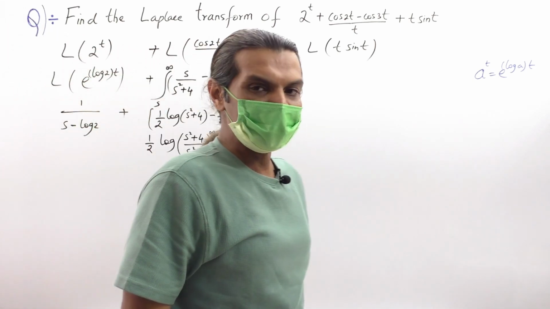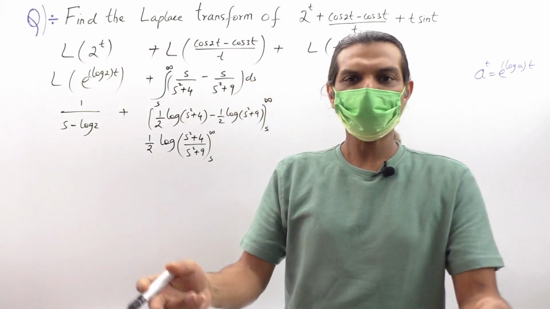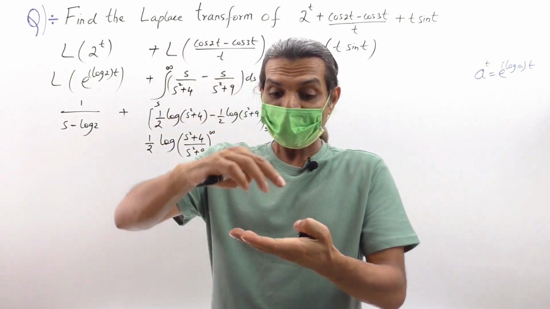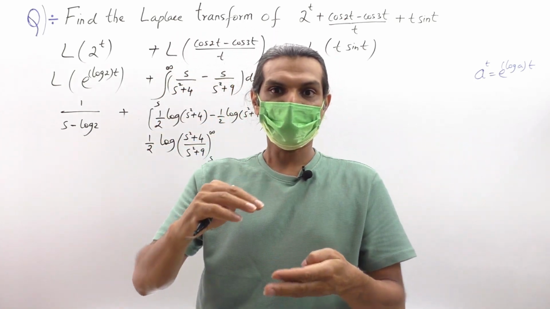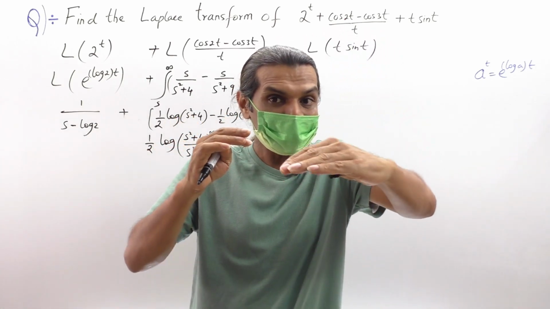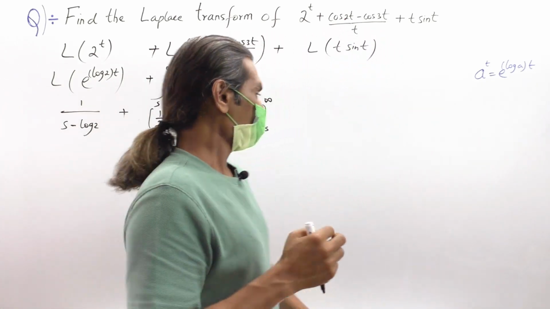Now it's time to apply the limit. The top limit is infinity and the bottom limit is s. The bottom limit is no issue, but the top limit is infinity. As I discussed earlier, anything by infinity is 0. So when there is infinity, you compulsorily need to apply the limit and bring that infinity down. How do we do that?